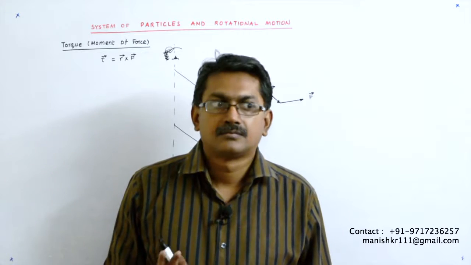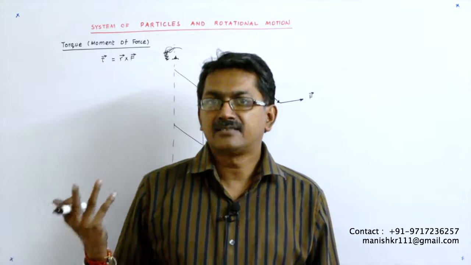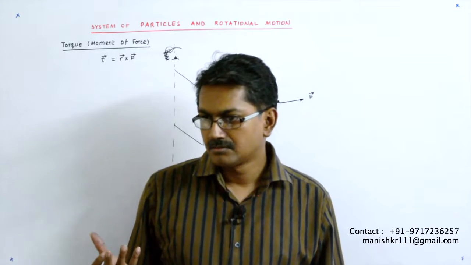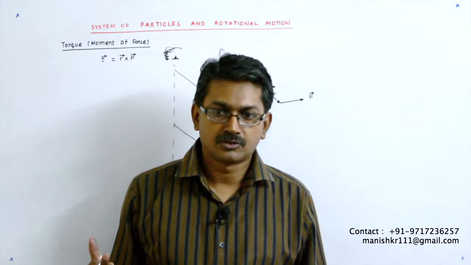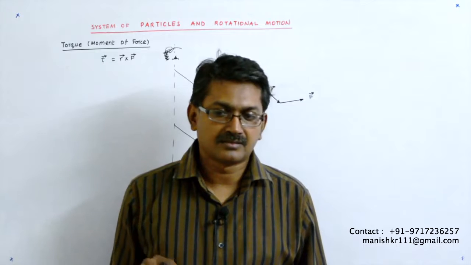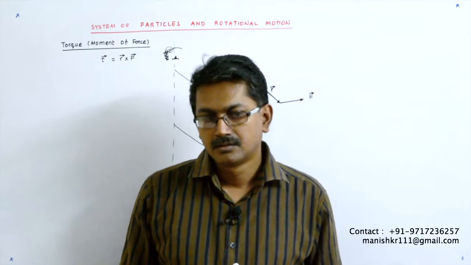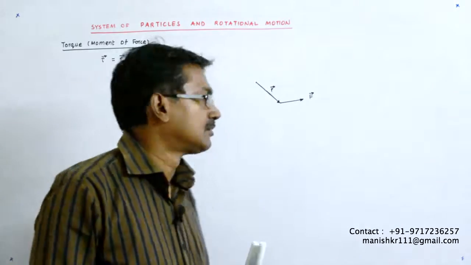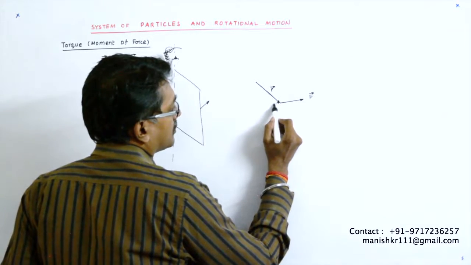It's not r. In the strictest sense, if someone asks you, is the r of r cross f the position vector for a fixed axis? That is no. Maybe. It's no. Maybe, but only for one case. Then the whole thing will disintegrate. Okay. Only for one case. Okay. So the general answer is no.